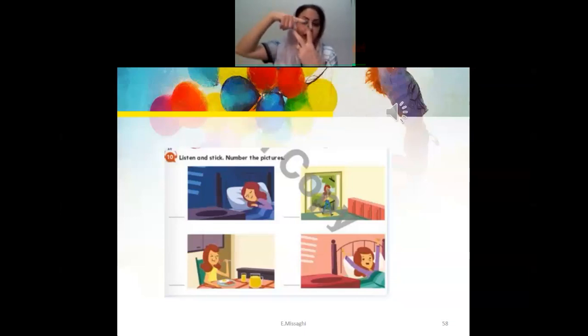So we have two approaches, top down and bottom up. Top down is working on comprehension. You activate their background knowledge, then you ask them some comprehension questions or give them some comprehension activities, like put the pictures in order.